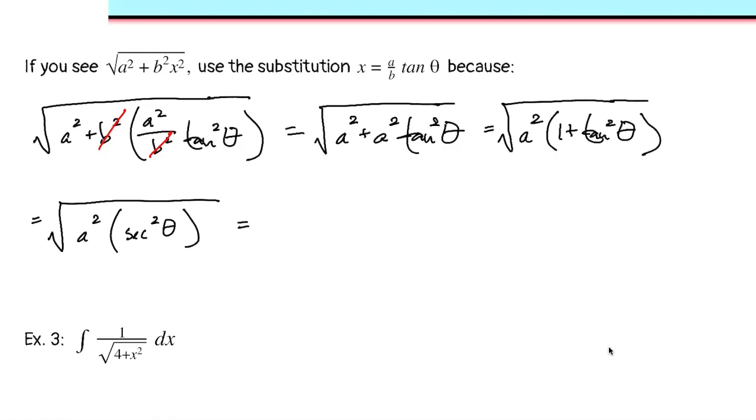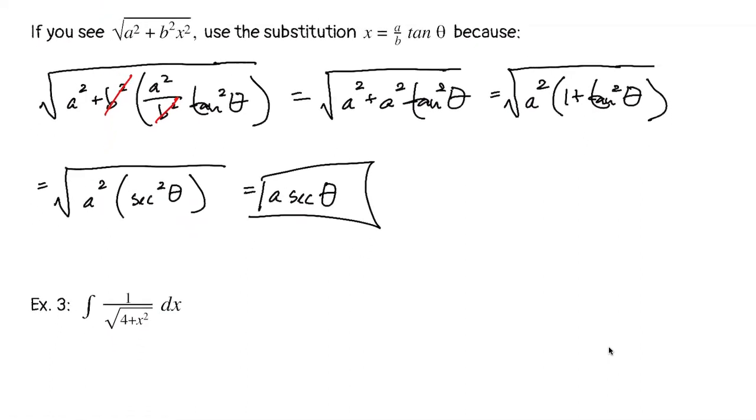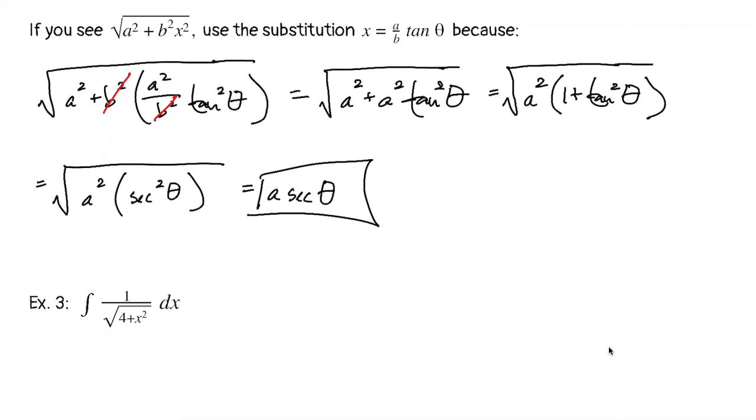And now I've created a situation where both of the terms are squared and they're connected by multiplication, which means I can simplify this to be a secant theta, okay? So when we see the plus sign in between, we choose to use this substitution because it gives us a situation with secant that we're going to be able to integrate, okay?